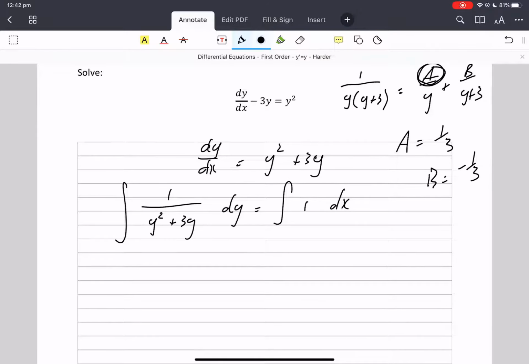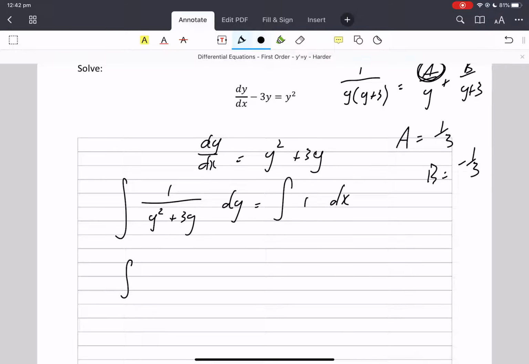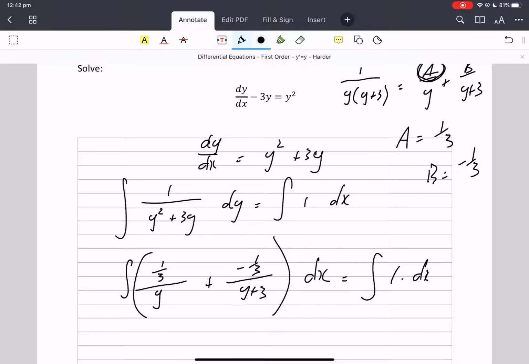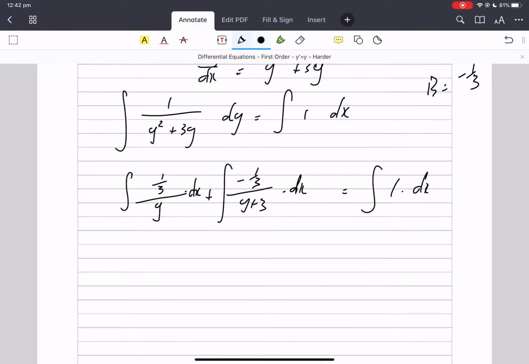So when we rewrite this side, we're going to have the integral of a third on y plus, technically it's that dx, but through the linear rule of calculus, we can do that.